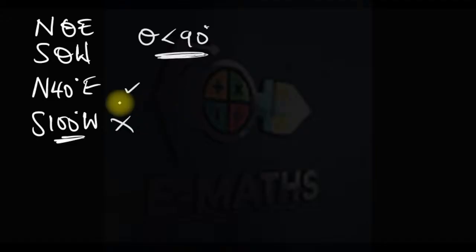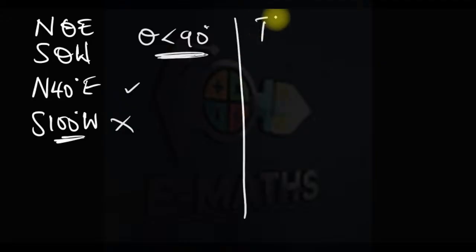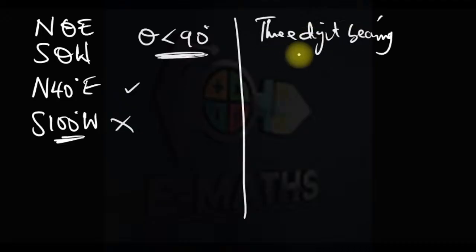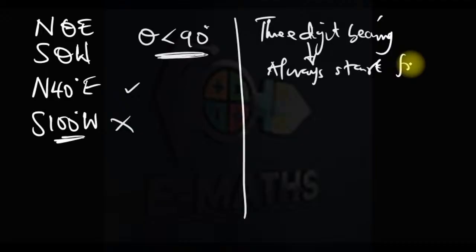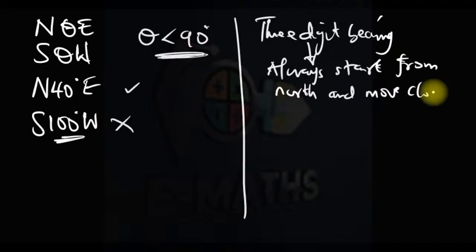So that's it. Three digits always start from north and move clockwise. Based on the definition I gave, that one is for three digits.